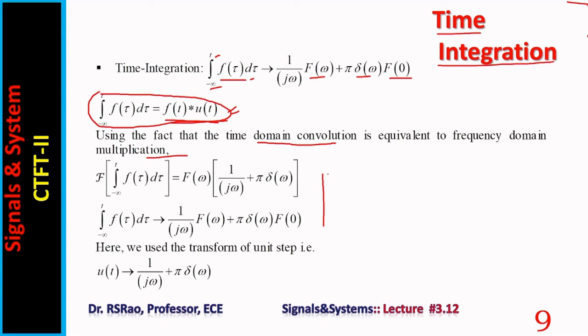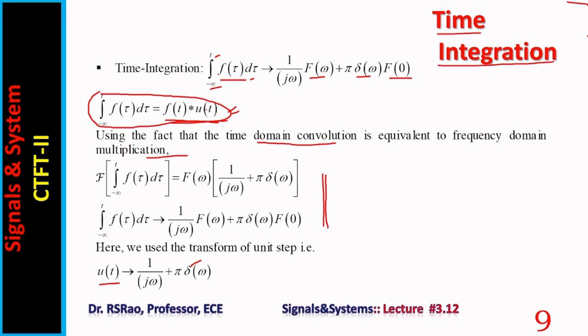In this derivation, we used the fact that the transform of the unit step u(t) is 1/(jω) plus π δ(ω). Delta means impulse function. So notice that in the explanation given here, we used two facts.